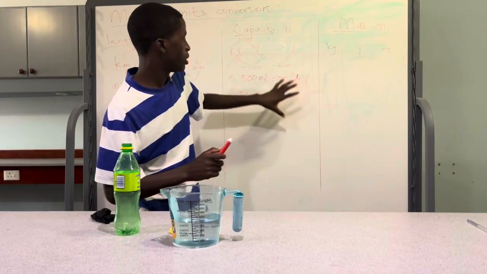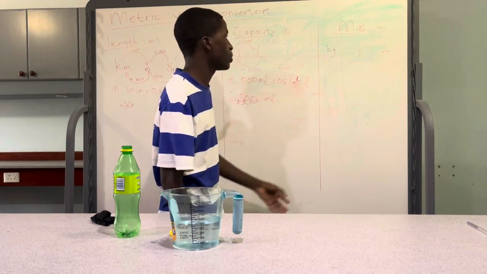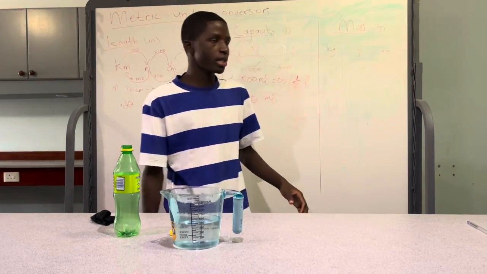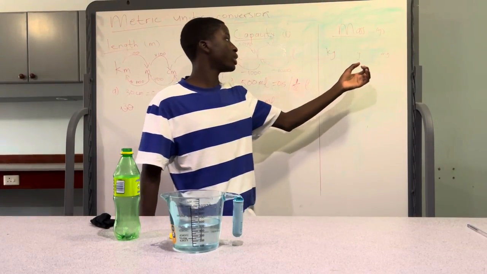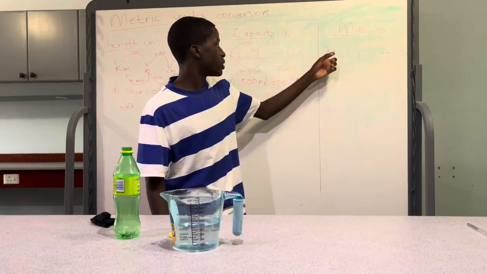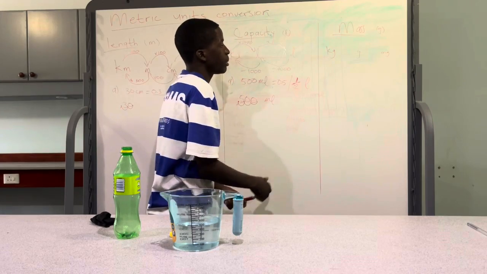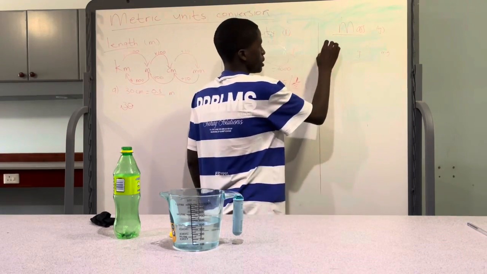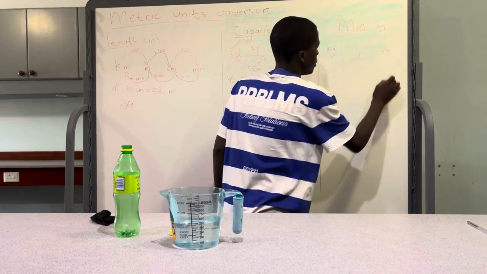Okay, now we are done with capacity. Let's move on to mass. For mass we also have our base unit, and in this case it is gram. As you can see in our metric unit conversion diagram, we have kilogram, which is the big one, gram, and milligram.